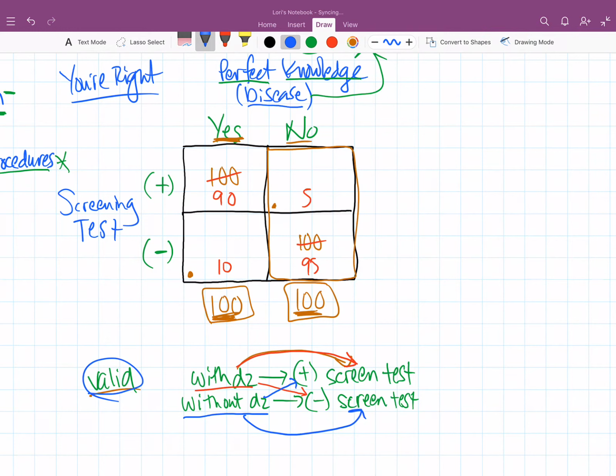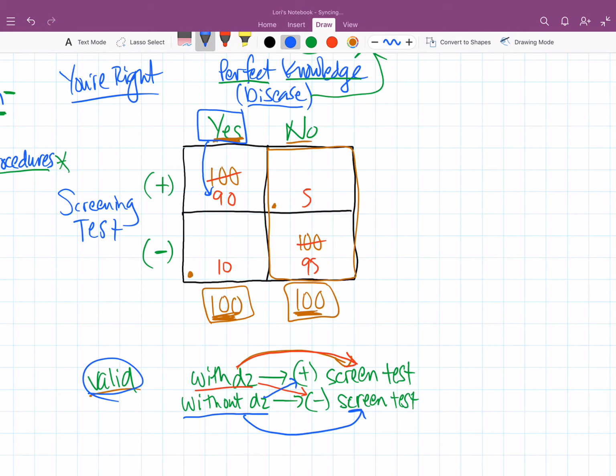And so what we do is we end up calculating something called sensitivity and specificity. Here we have a bunch of people who, yes, have disease, and we want to know how sensitive the test is to pick up on people with the disease. And so what percentage of the time is the test correct?